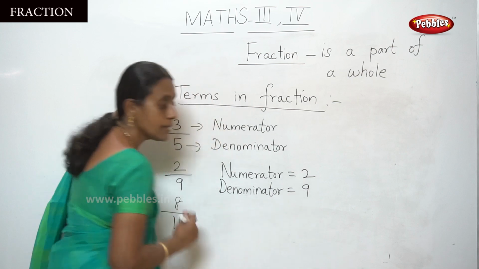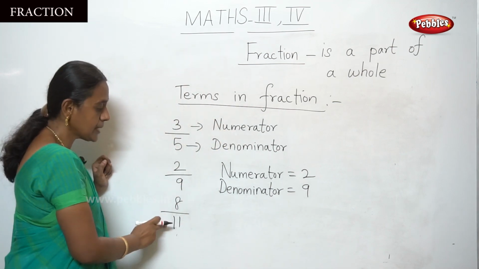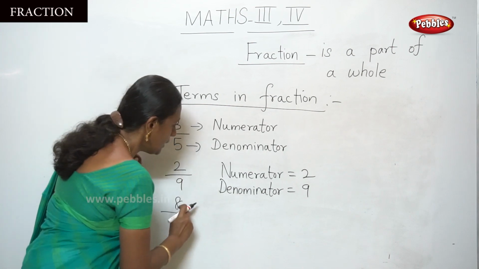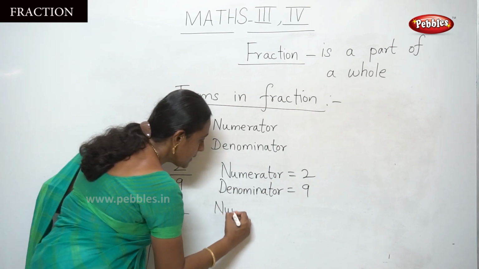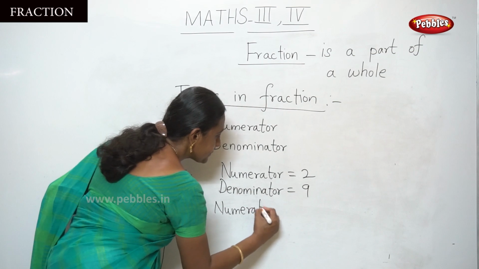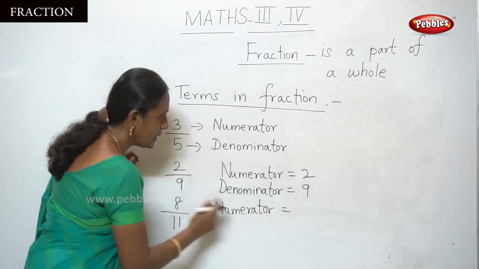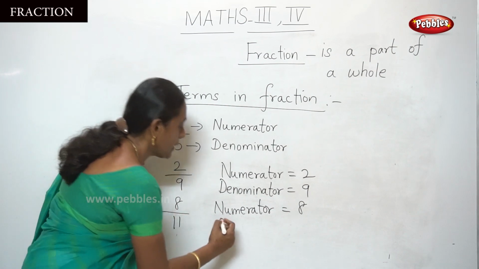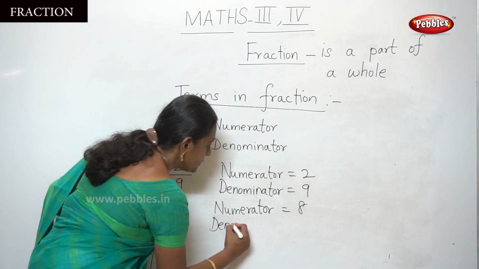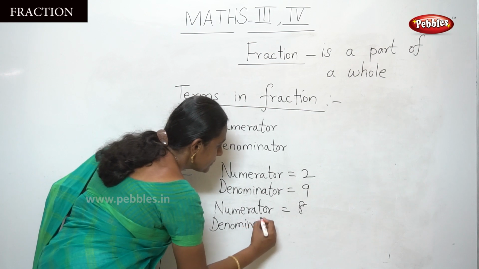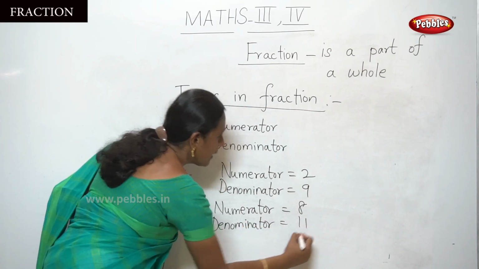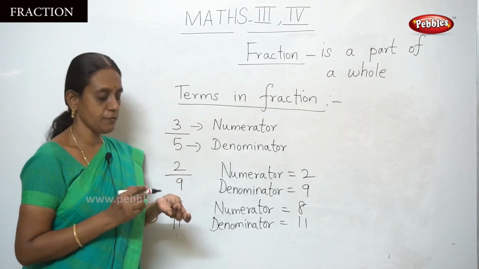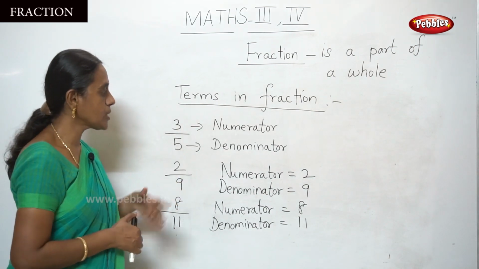And for 8 by 11, the numerator is 8 and the denominator is 11.